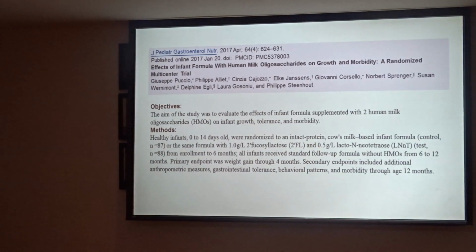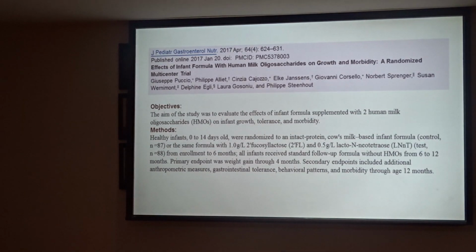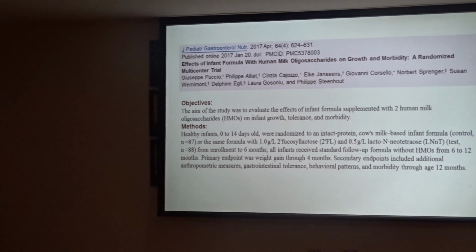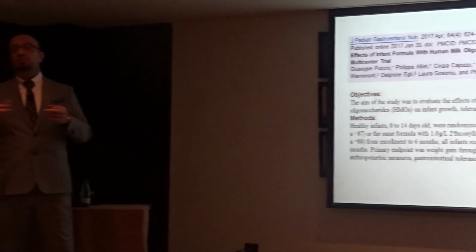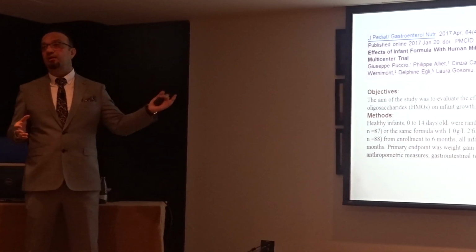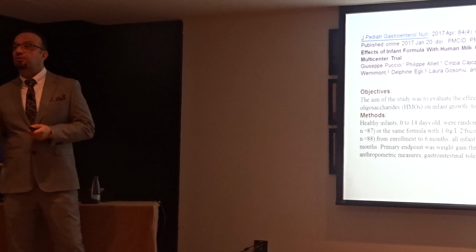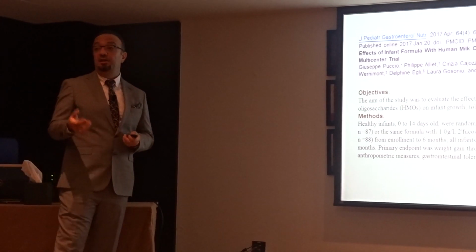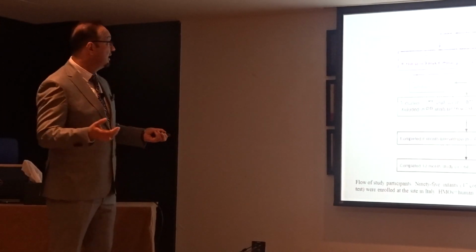Now, this is the study which I talked about. They made a cohort of two groups. One group took a regular formula and the other group took another formula fortified with 2FL and another human milk oligosaccharide.